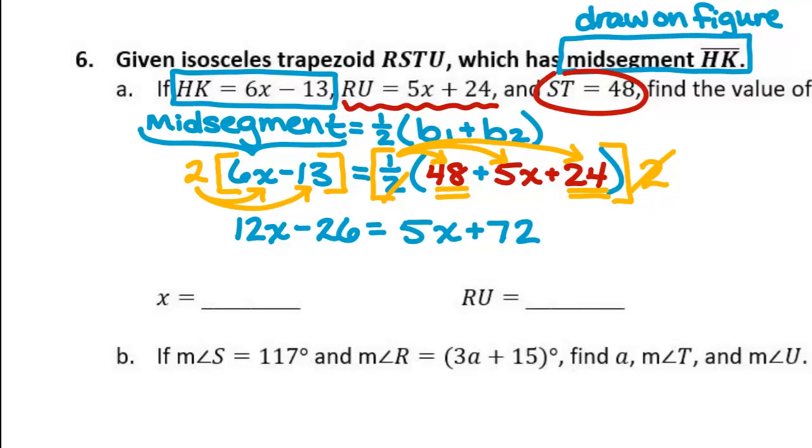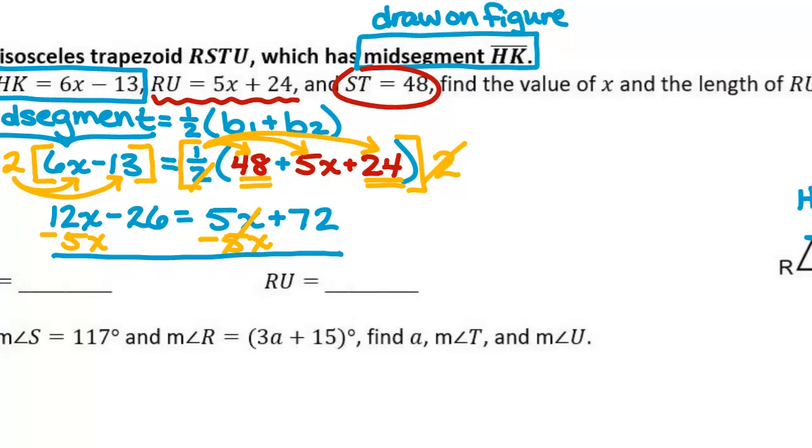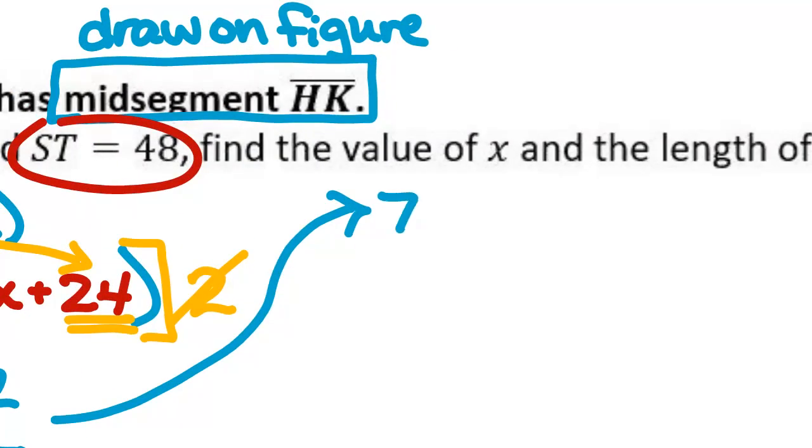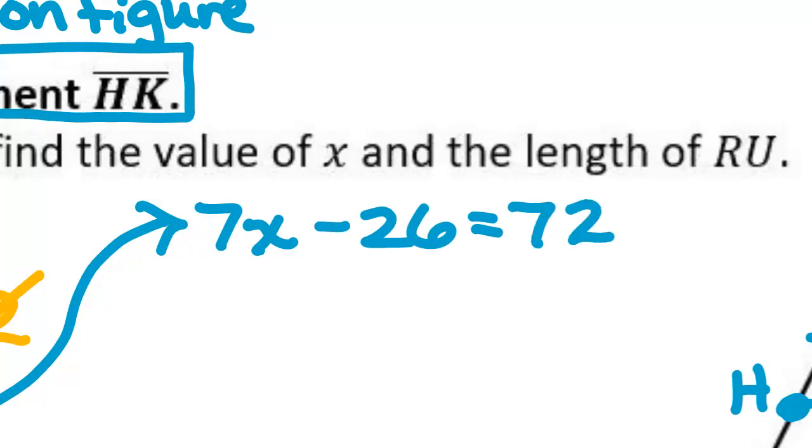What do I want to do now? Subtract 5x from both sides, yes. So that's going to cancel out. Over on the right, what is 12x minus 5x? So I have 7x minus 26 equals 72.